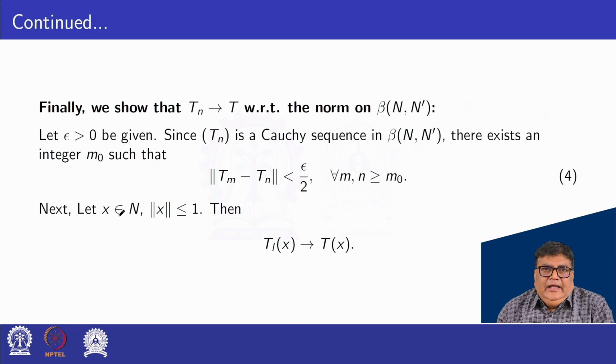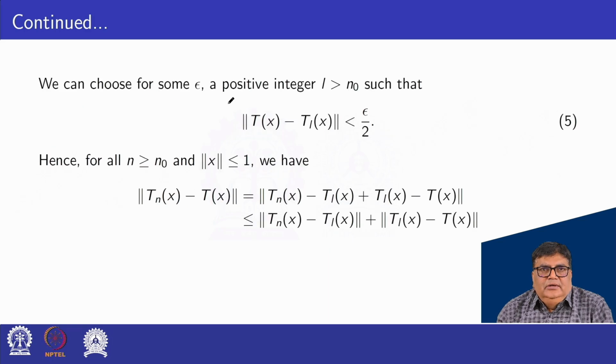Let x belong to N, ‖x‖ ≤ 1, then TLx converges to Tx. We can choose, for some epsilon, a positive integer L greater than n0 such that ‖Tx − TLx‖ < epsilon/2.